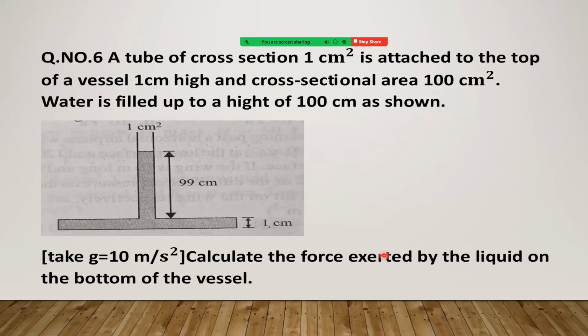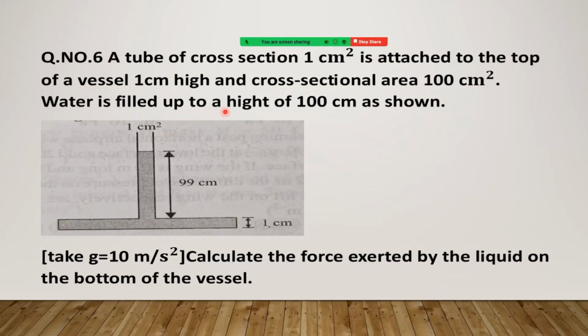Right, see the question given. A tube of cross section 1 centimeter square is attached to the top of a vessel 1 centimeter high and cross section area 100 centimeter square. You can see here height is 1 centimeter. Its cross section area is 100 centimeter square.